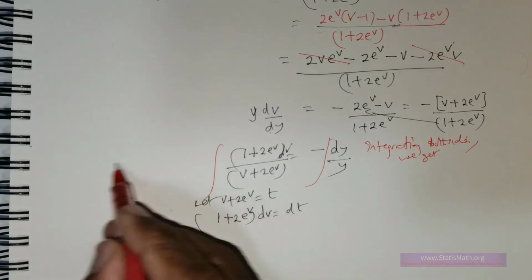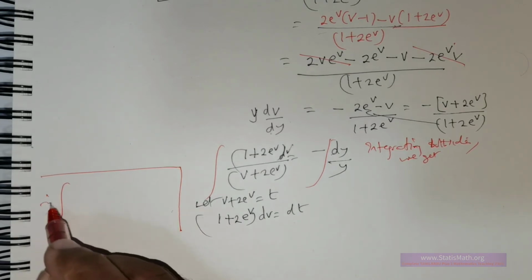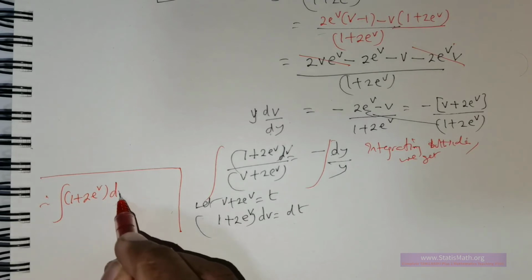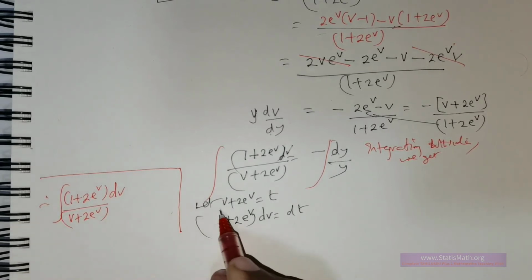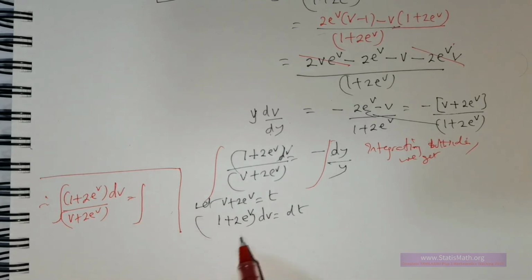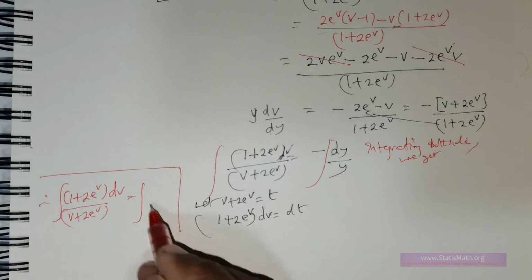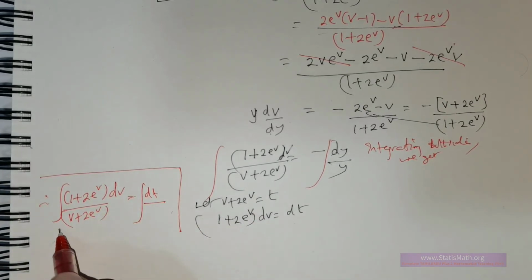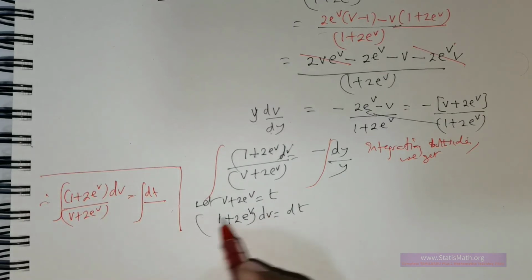So therefore, the integral of (1 + 2e^v) dv divided by (v + 2e^v). When I make this substitution, in place of (1 + 2e^v) dv, I will be using dt, divided by, in place of the denominator v + 2e^v, I would be using t.